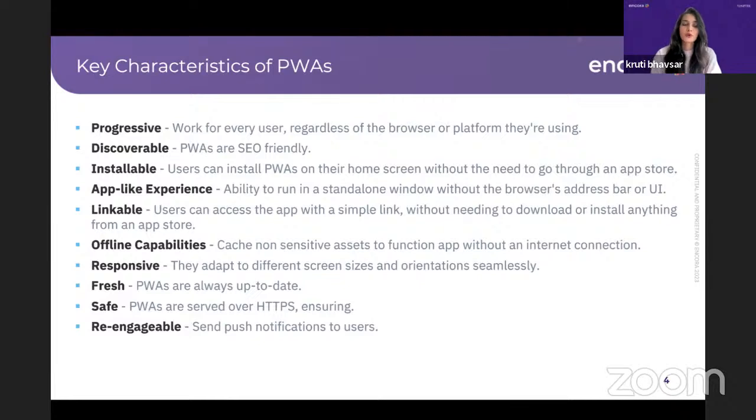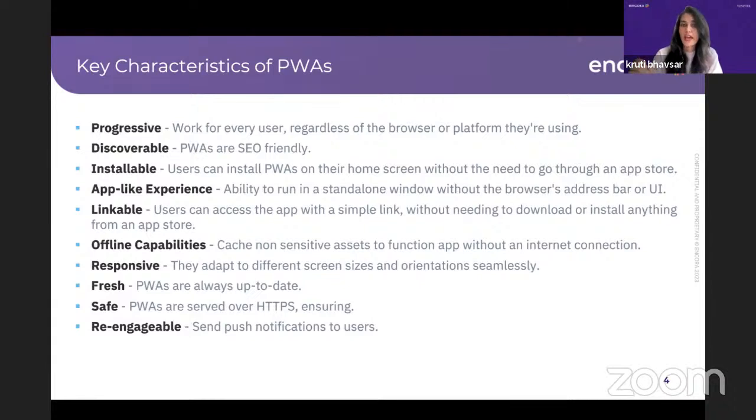Another is installable. Installable means this is a website, but we still give users the option to install that website on their phone, with an icon the same as a normal app store application that we download and install.